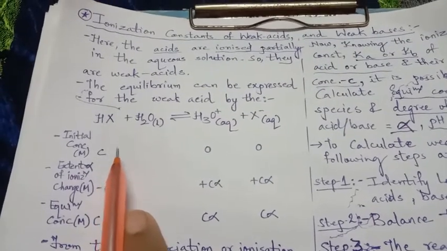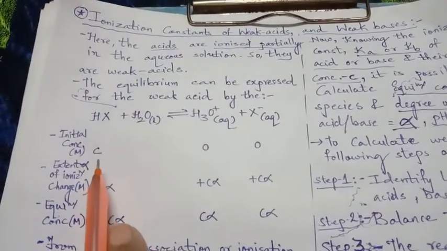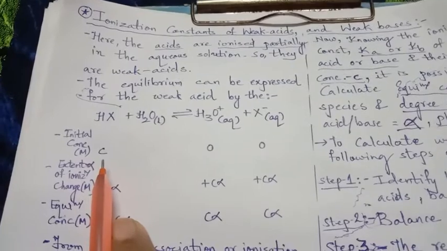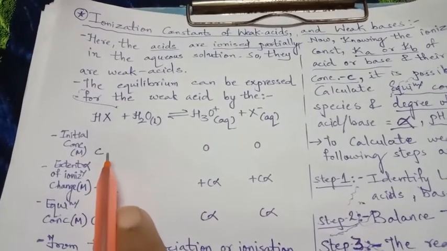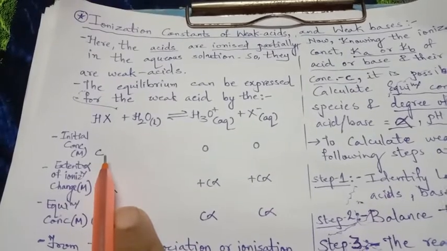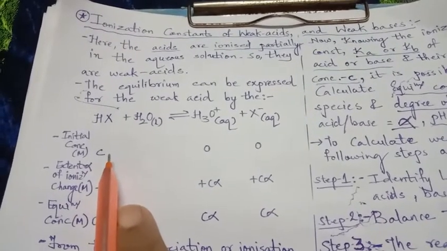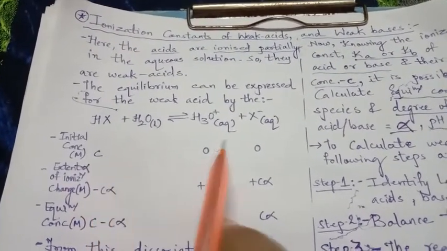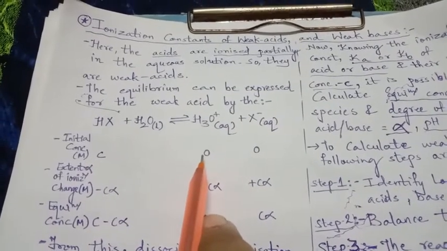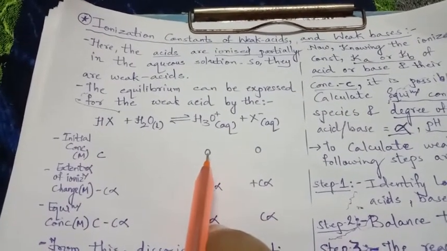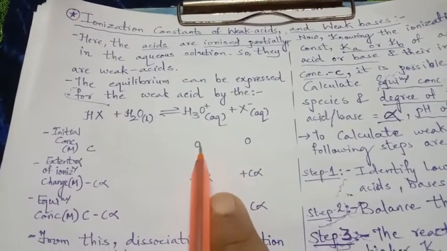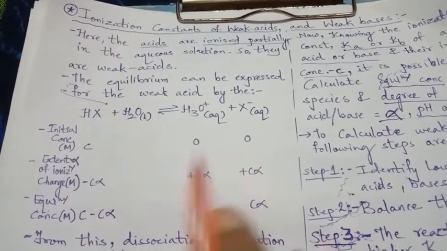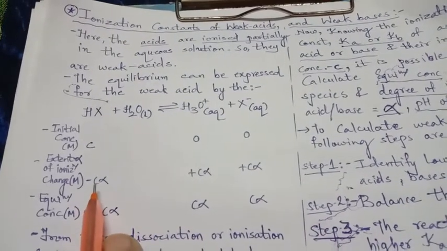Initial concentration for the reactant will be C. But for the product it will be 0, because in the beginning the reactant will take part in the reaction, so its concentration will be consumed. At that time equilibrium has not been attained, so the reactant will give the concentration consumed, but the product is not yet having any concentration.